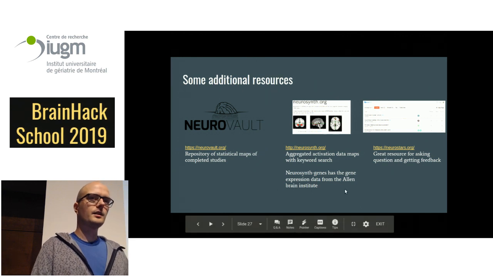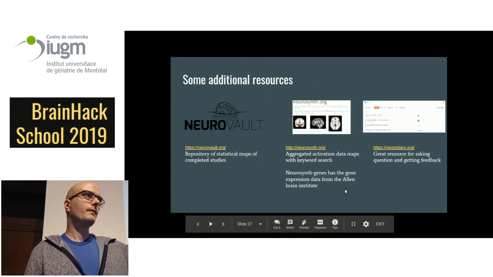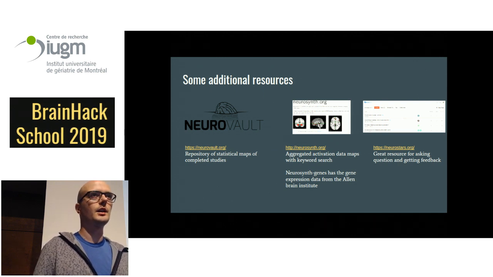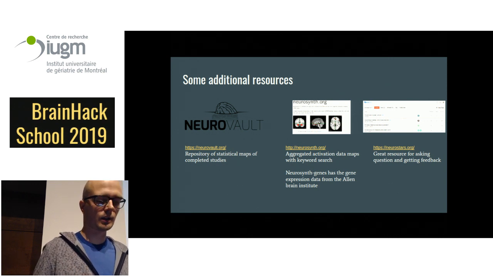Neurosynth is a similar idea that automatically parses papers for the peak coordinate values in activation studies, right? And then you can inverse search those maps based on some keyword that you're interested in. So if you search pain, you get some distribution of peak activation maps in the brain that were found in studies that have pain in it as a keyword.